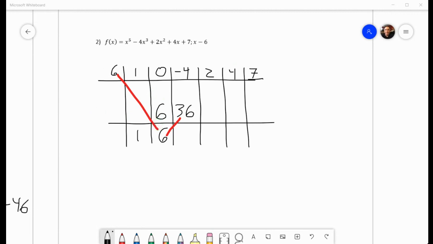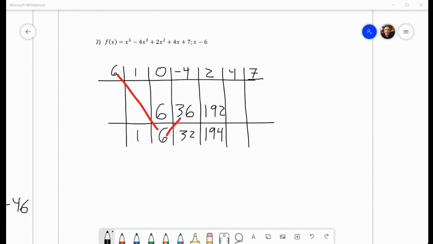Hope that helps. Negative 4 plus 36, that's 32. Now we do 6 on the top left times 32. It's 194. No, that's not right. It's 192. There we go. And then we add 2 and 192, we get 194.